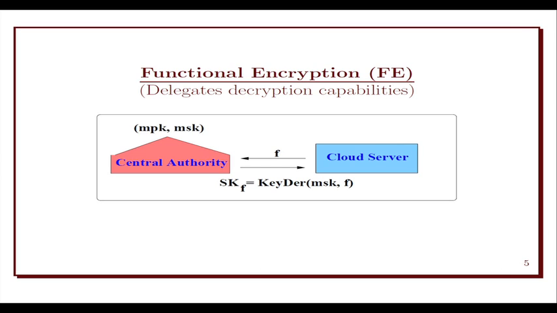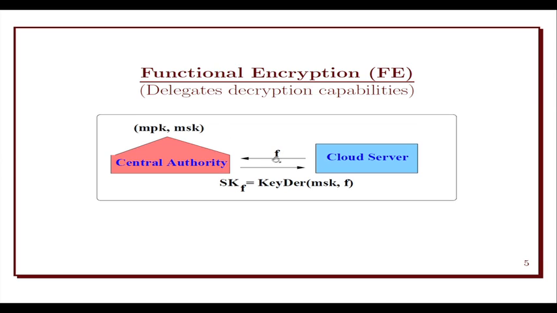homomorphic encryption. Here we have a central authority, and the cloud server is sending a functionality f. At the setup phase, the authority has a master secret key and a master public key.